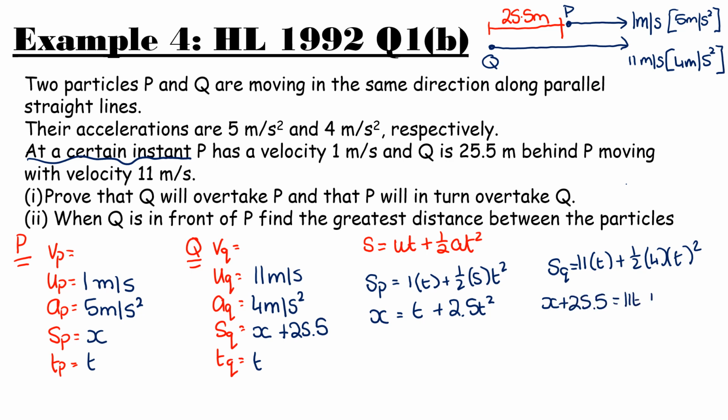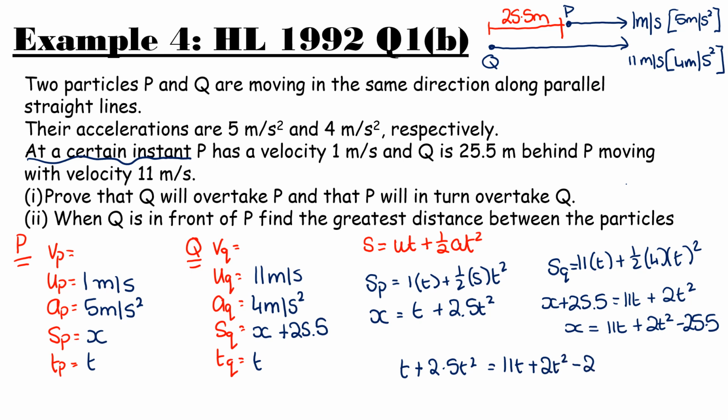That's equal to 11T plus 2T squared. We can bring that 25.5 over, and then we can let the two X's equal each other. That means that T plus 2.5T squared is equal to 11T plus 2T squared minus 25.5. We now have a quadratic trinomial, so we're going to bring everything over to one side. So 0.5T squared minus 10T plus 25.5 equals 0.